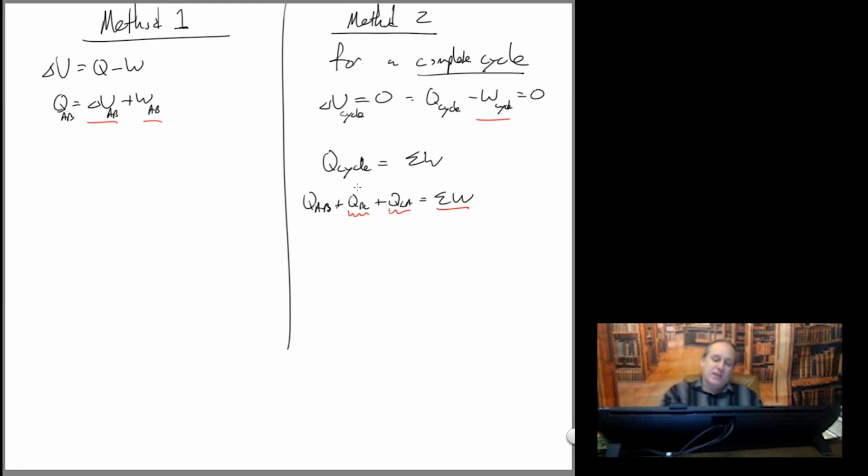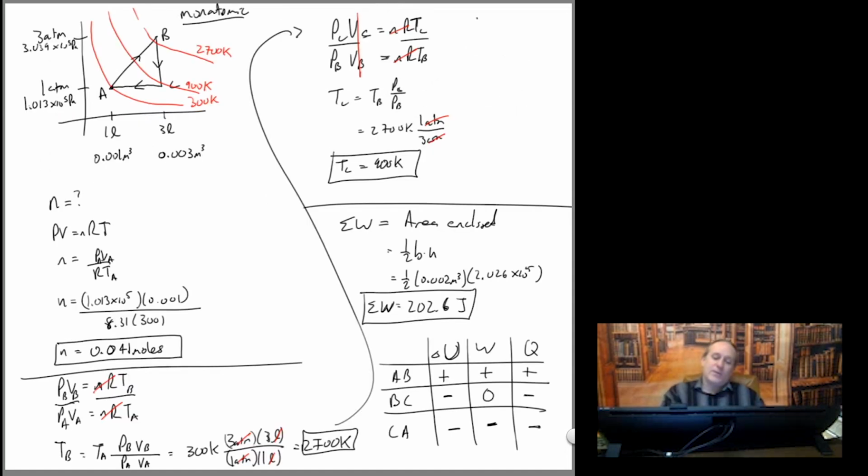For the first method, we have to find delta UAB, which means N CV delta T going from point A to point B. And we know N is 0.041. And CV, because it's a monatomic gas, is 3/2 times 8.31. And the delta T, if we go back, we're going from 300 up to 2700. So that's a delta T of 2400.